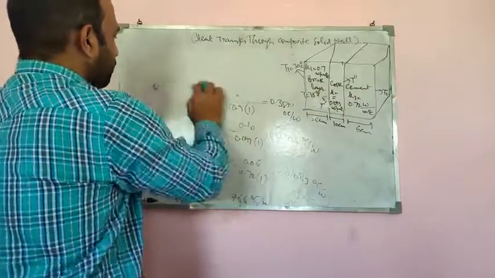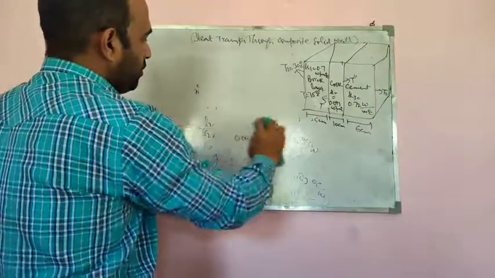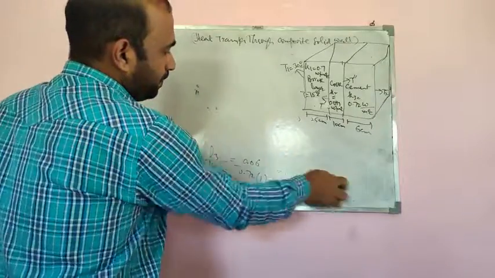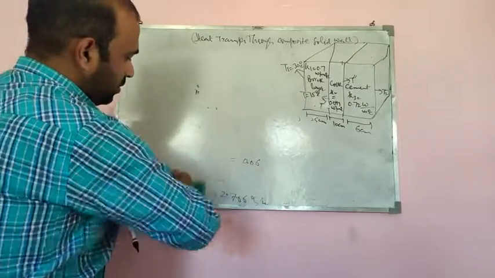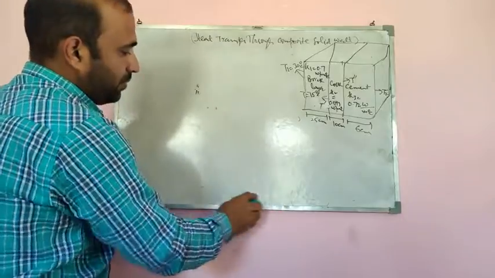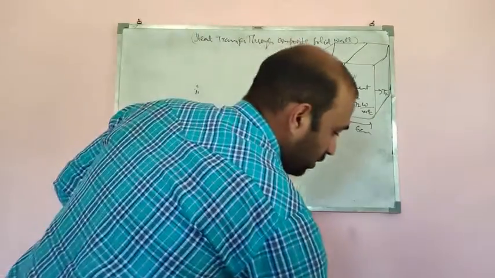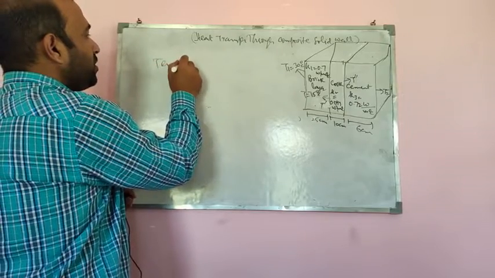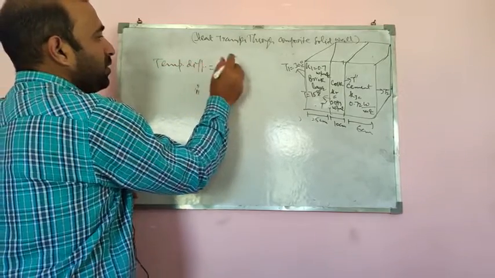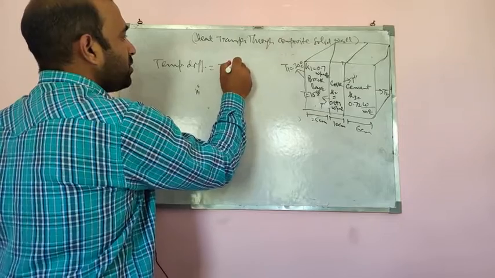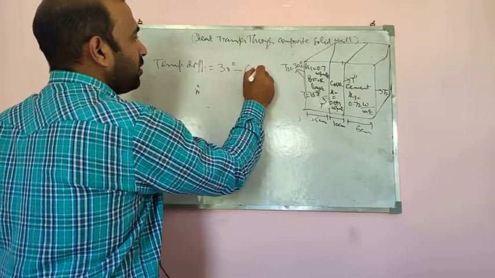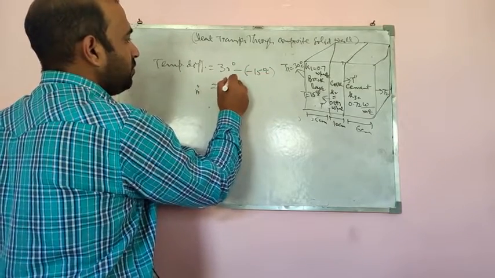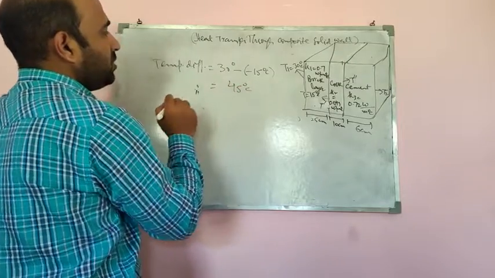Now that you have found the total thermal resistance, you have to find the temperature driving force, because only then can we find the rate of heat transfer. The temperature difference is 30 degrees Celsius minus the inner temperature of 15 degrees Celsius, so it is equal to 15 degrees Celsius.